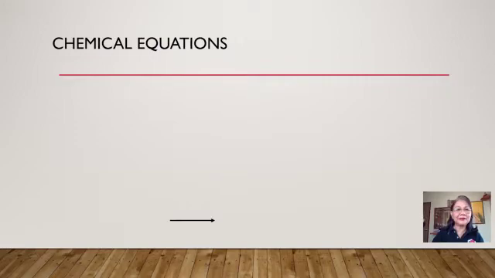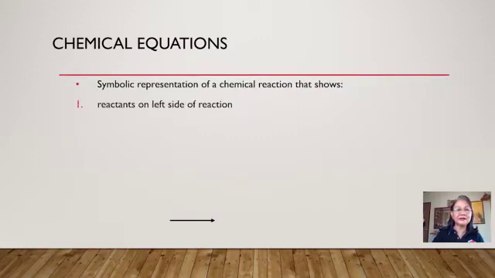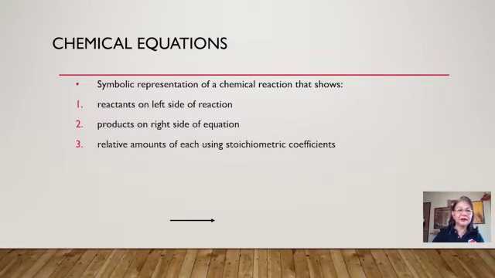So what is a chemical equation? It is a symbolic representation of a chemical reaction that shows reactants on the left side of the equation and the products on the right side. The relative amounts of each are represented by using stoichiometric coefficients, which balance the equation.